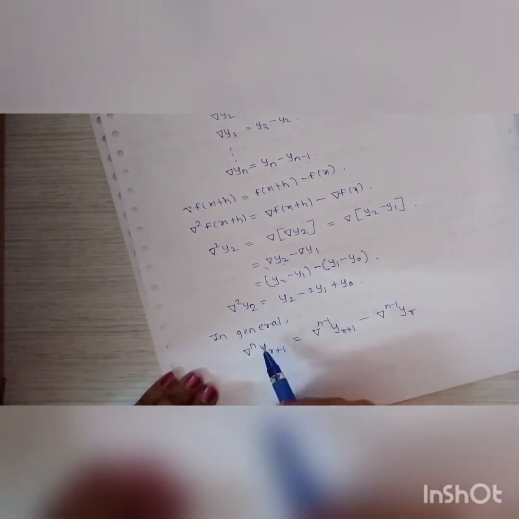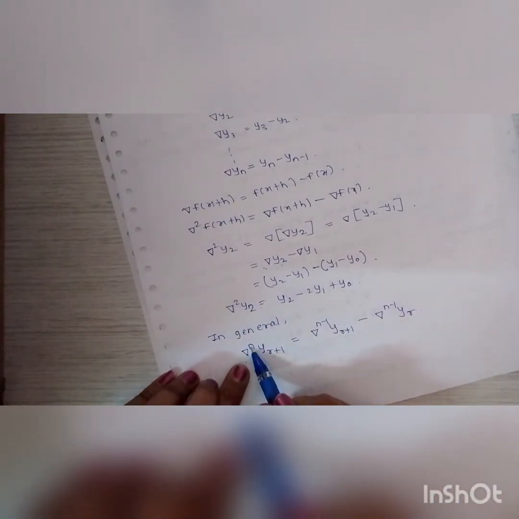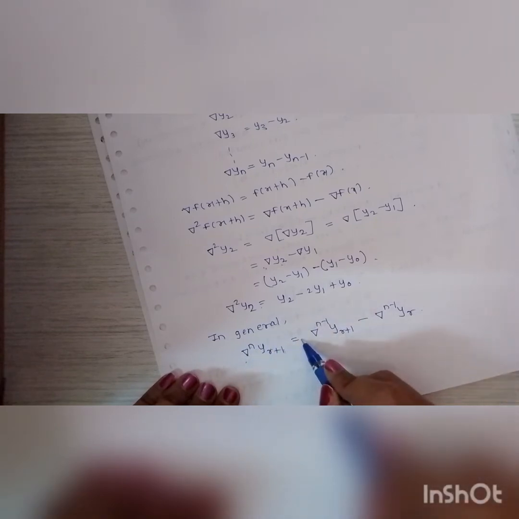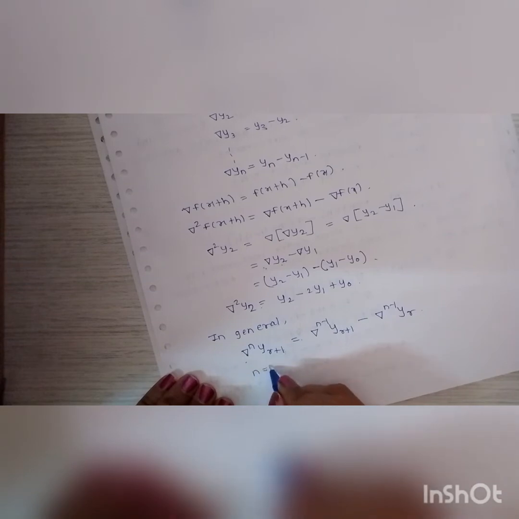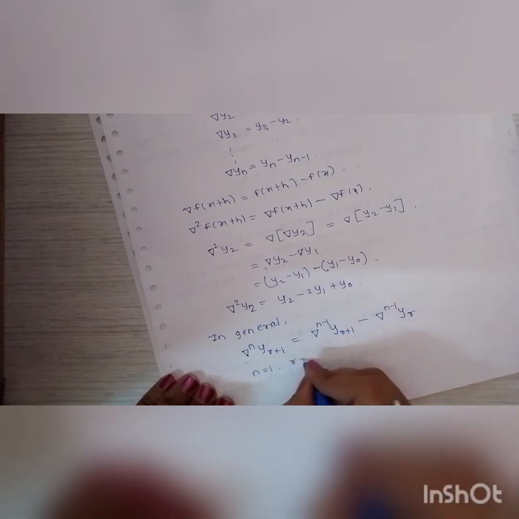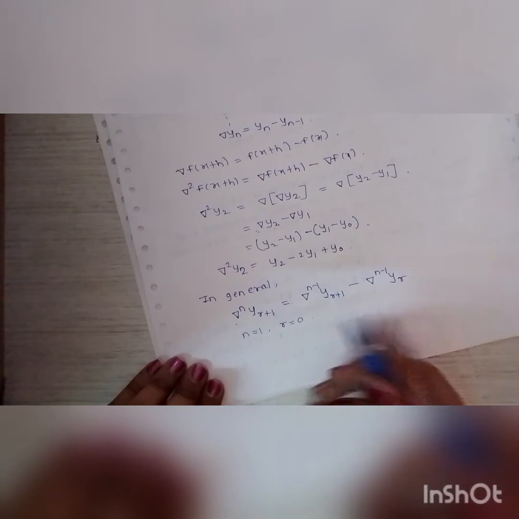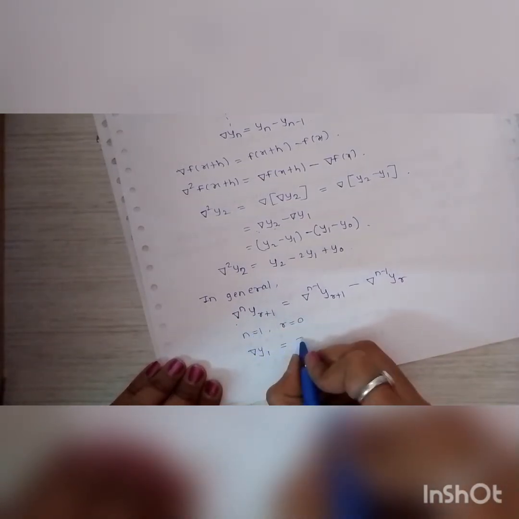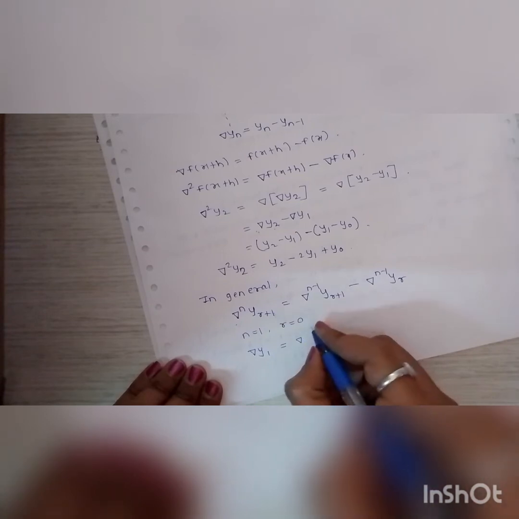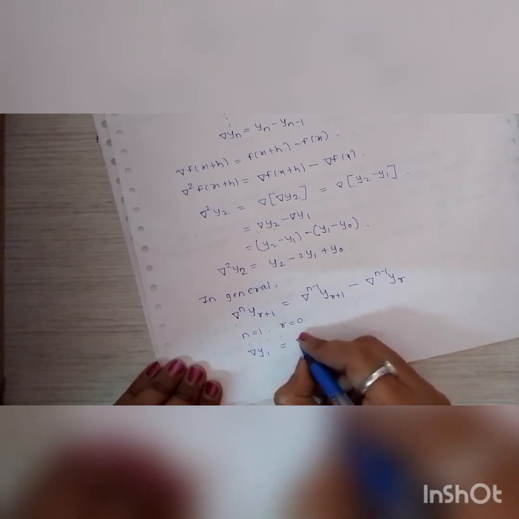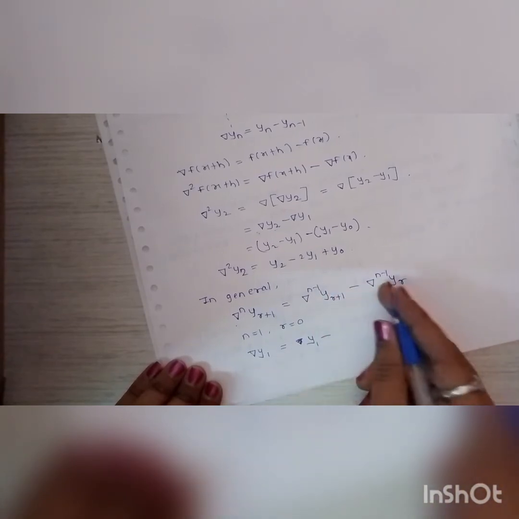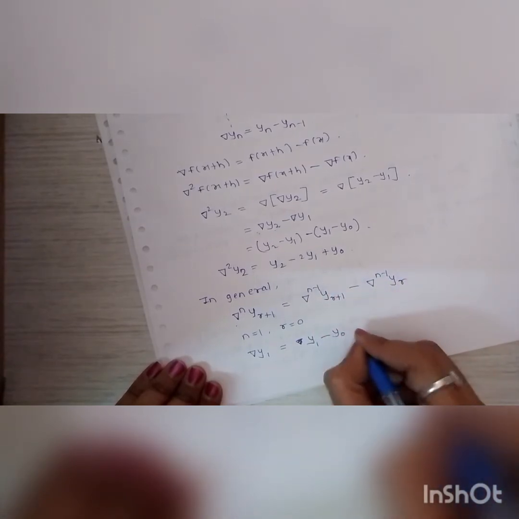So if we put n equals to 1, then we get del y1 equals to del raised to 0, that means y1 minus y naught.